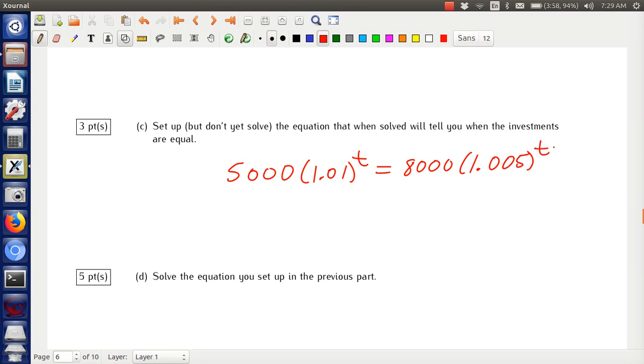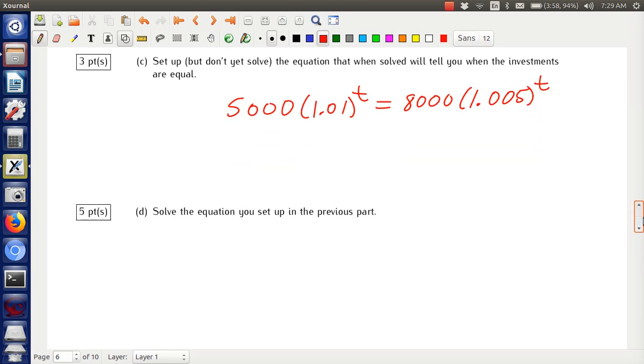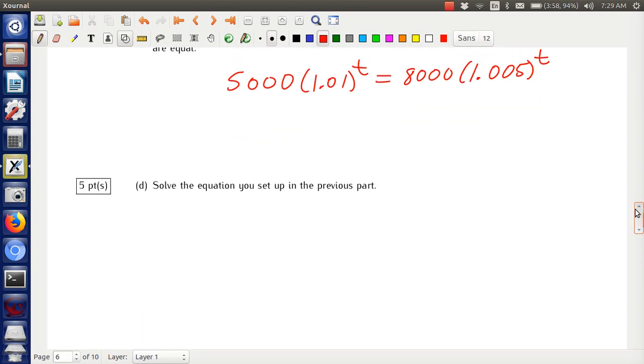Now the next part is where some people might get stuck, which is how to solve that. You have multiple ways you can go about this. You can just take the natural log at this point, but it's not your wisest option. You could divide both sides by 5,000, or you could divide both sides by 8,000.